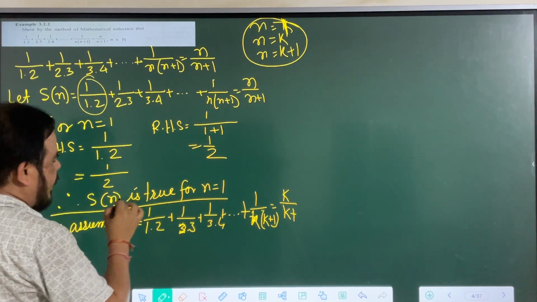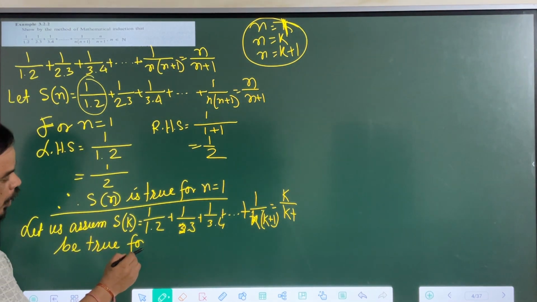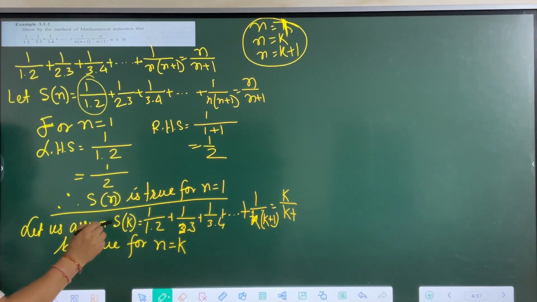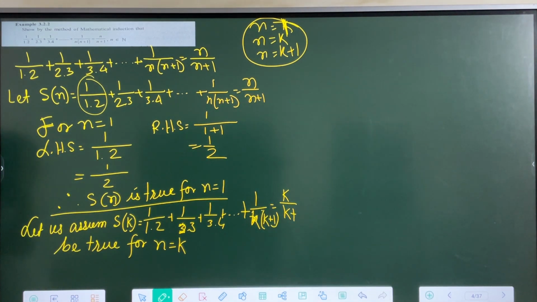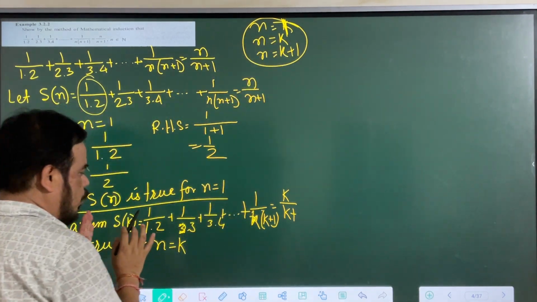Sn is true for n equals k. This is what you always have to write for k, which we assume. So the n equals k work is done.